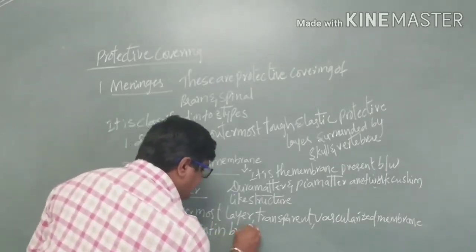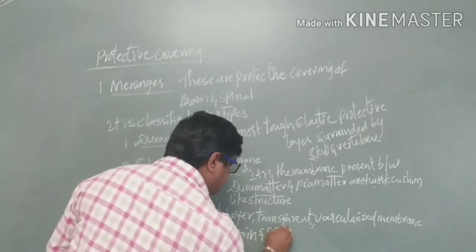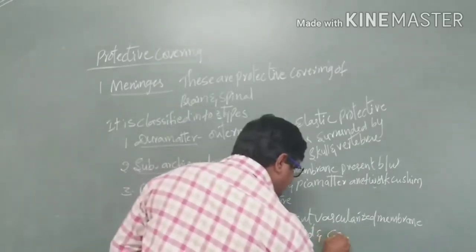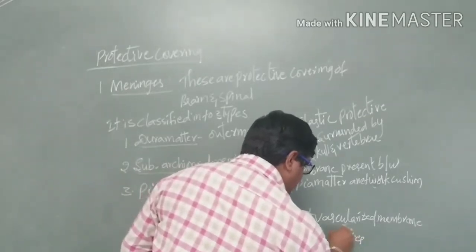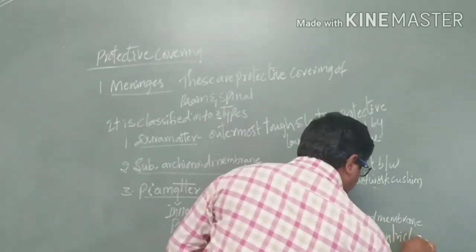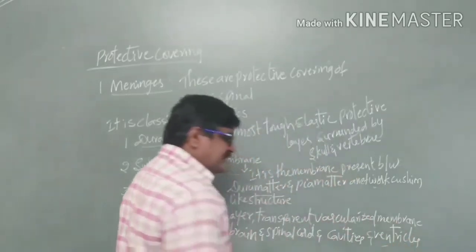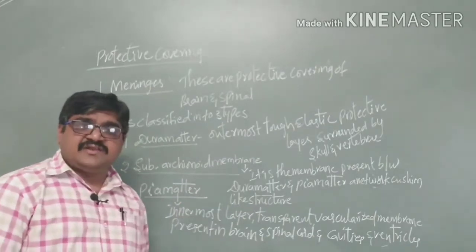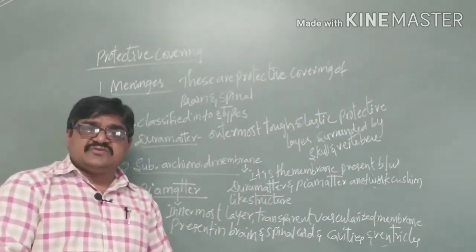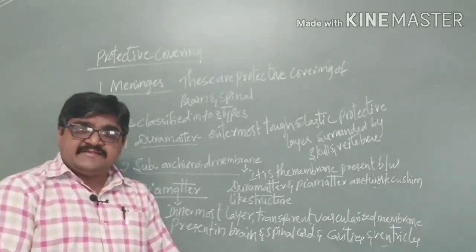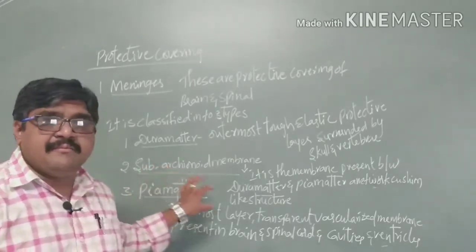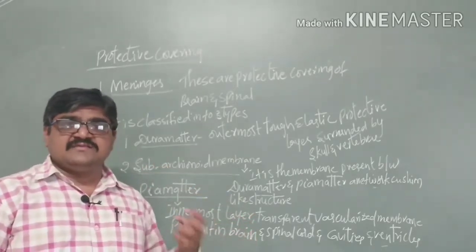The ventricles are the cavities present inside the brain and spinal cord, covered by the pia mater.